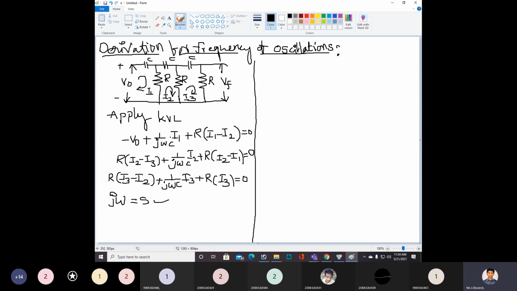First, you need to send that V0 to this 0 side. Okay, then you will get it positive. After that, first we need to take I1, I2, I3. Then you will get clarity.